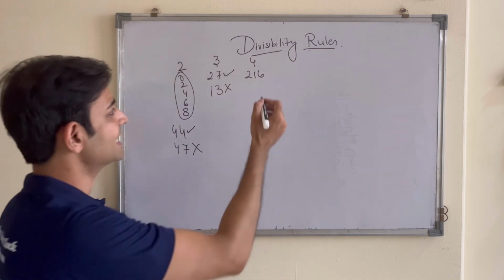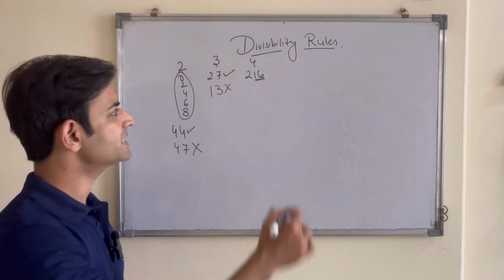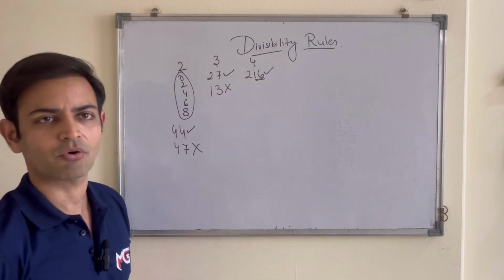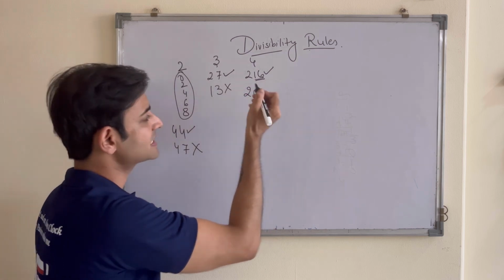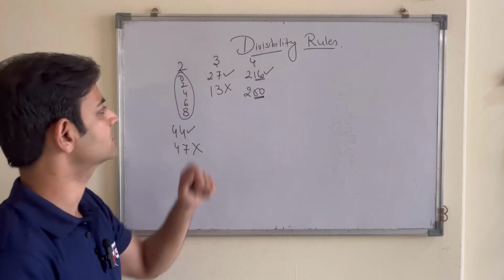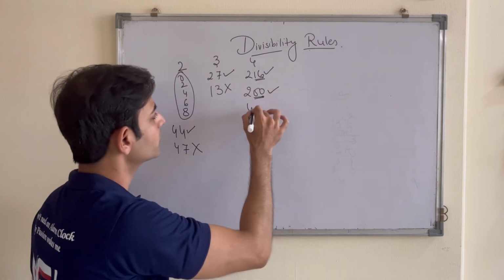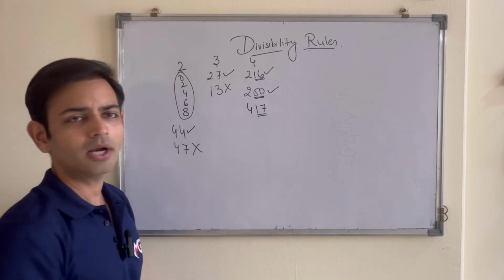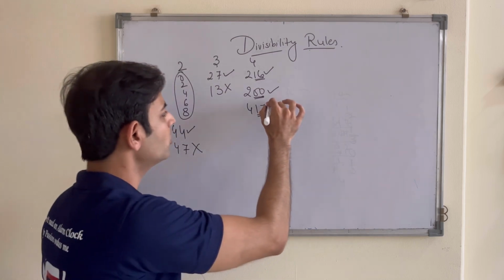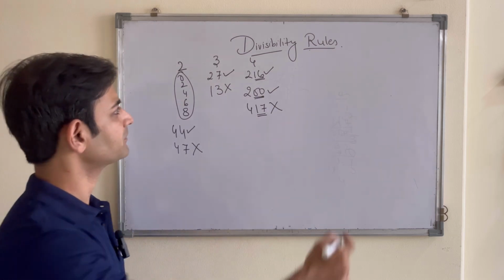Now 216 has 16 in the end, like tens and unit digit, so 216 is divisible by 4. If I have 200, because it has double zero in the end, it is divisible by 4. If I take 417, now 17 is not divisible by 4, so 417 will also not be divisible by 4.